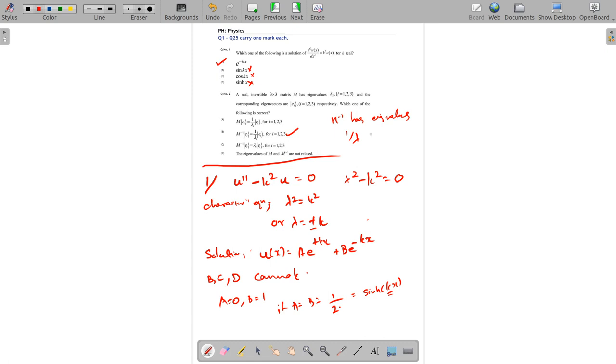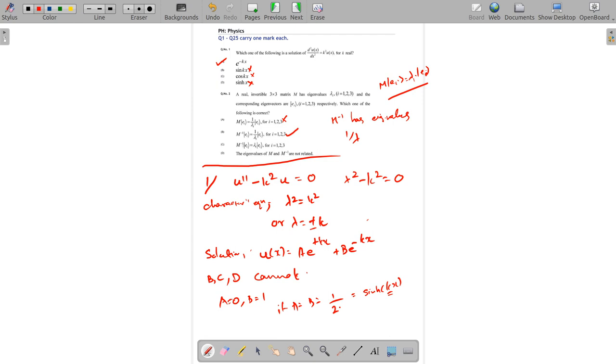Option A, the matrix acting on eigenvector. This is obviously false, because given that M has eigenvalues and eigenvectors, M acting on e i should give you lambda i e i, because that's the statement. But what they have given is that e i are the eigenstates corresponding to eigenvalues lambda i for the matrix M. So this is false.